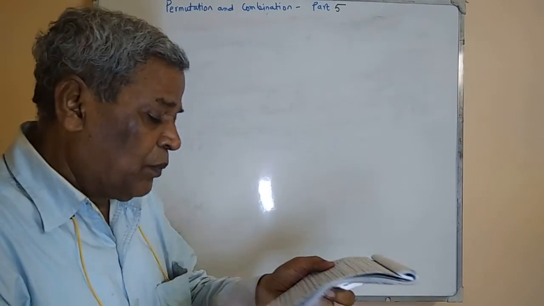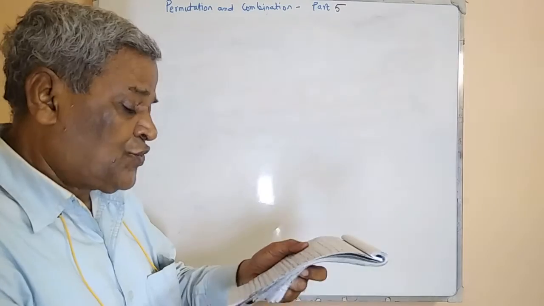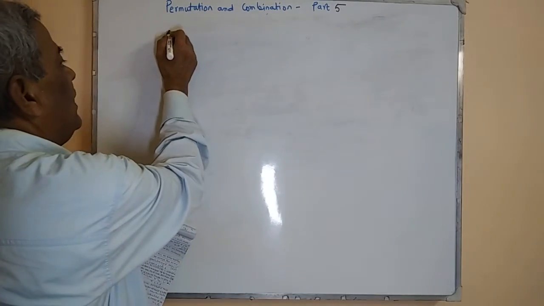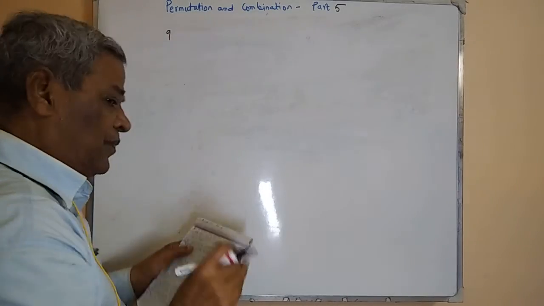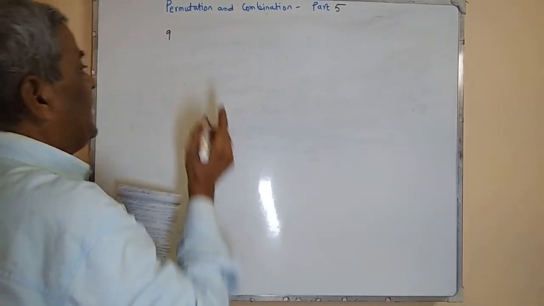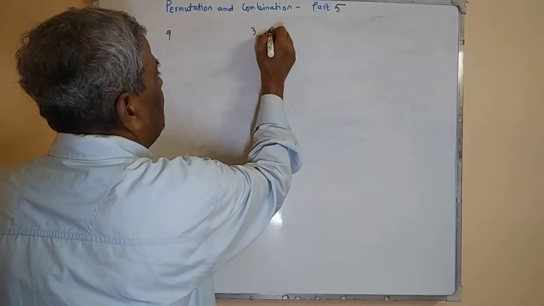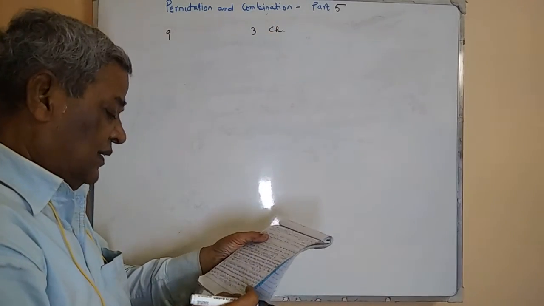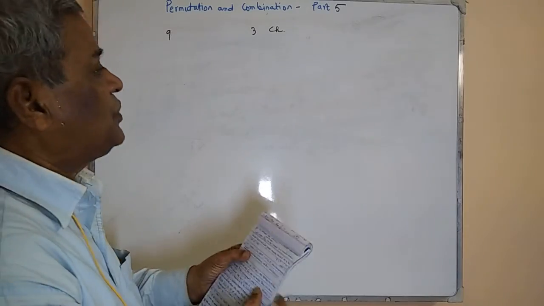Nine identical balls are to be distributed among 3 children so that each one gets at least 2 balls.